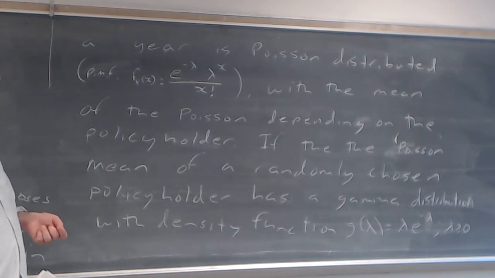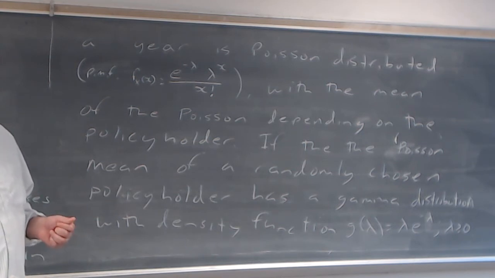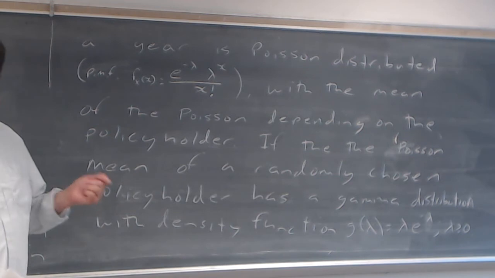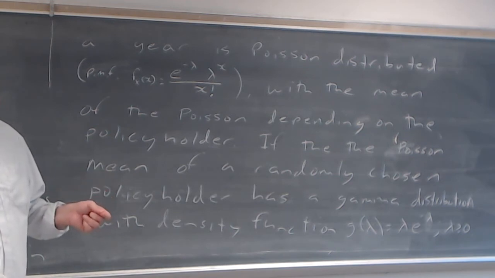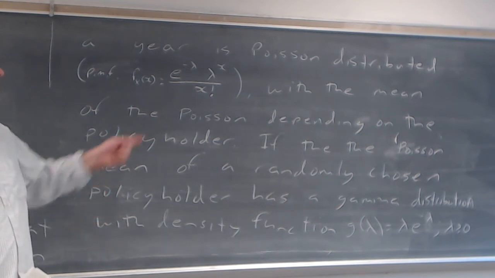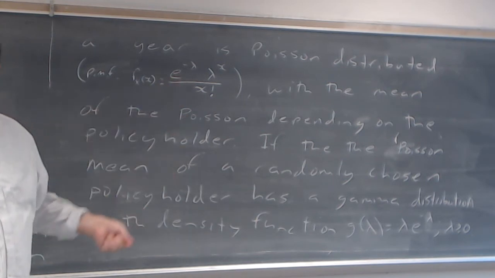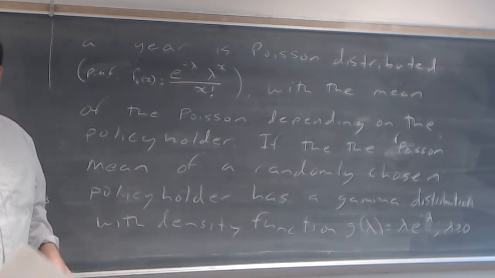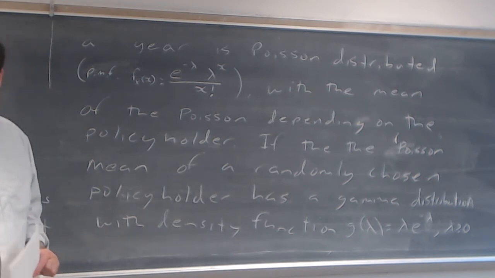So when you're a teenager, maybe your reflexes are wonderful, but you're maybe not paying as much attention. And maybe when you're middle-aged, your reflexes maybe aren't as good, but you're paying more attention, so you're less likely to have an accident. Maybe then when you get a little bit older, you're not paying enough attention and your reflexes aren't so good. And so the lambda is changing depending maybe on your age. But we're saying it's gamma distributed for a particular individual.